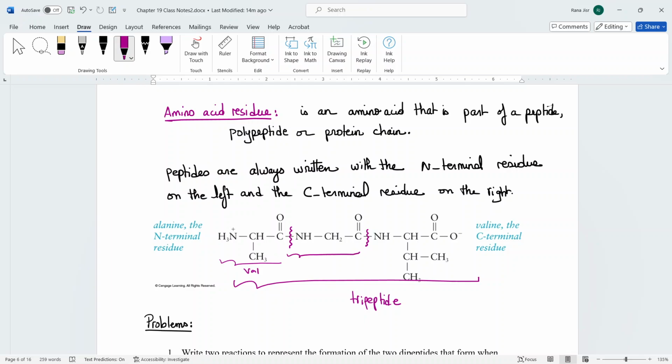This is going to be glycine, the simplest amino acid. And then the last amino acid here, with the CH3. So that last amino acid over here is going to be leucine.